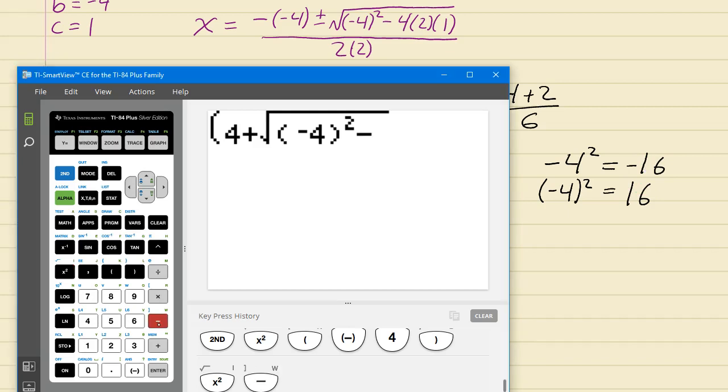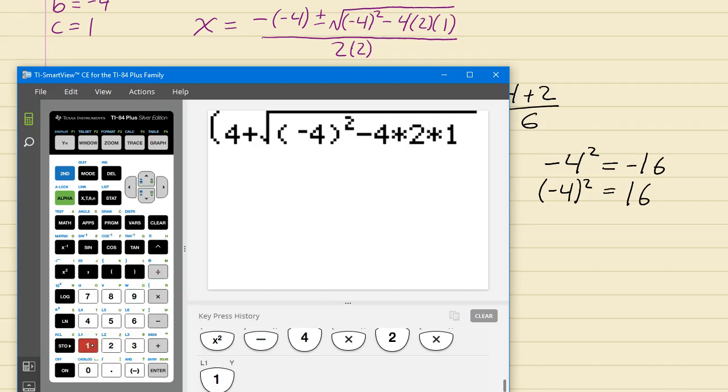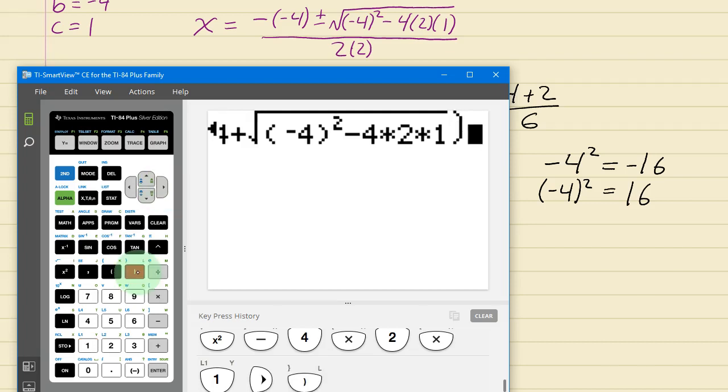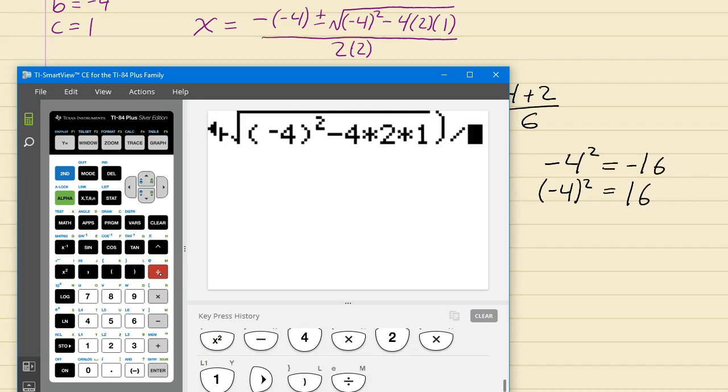And then we do minus 4 times 2, and I guess you can write times 1, even though that doesn't do anything. And then I'm going to move the arrow button over to get out of the square root, close the parentheses, and then divide that by 2 times 2.